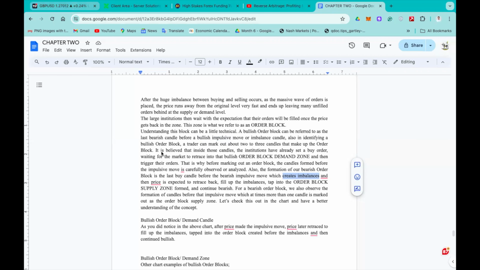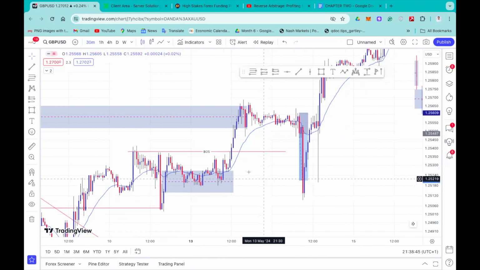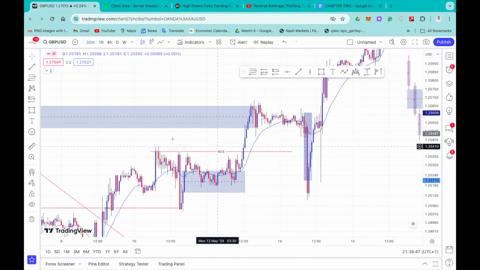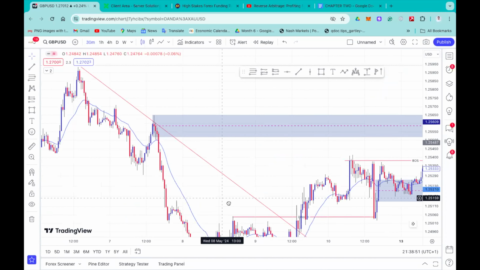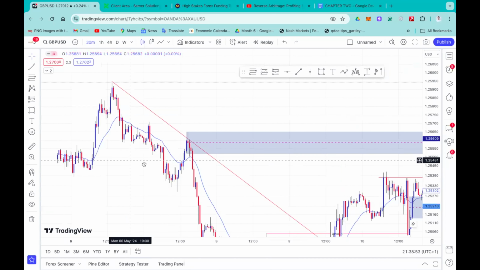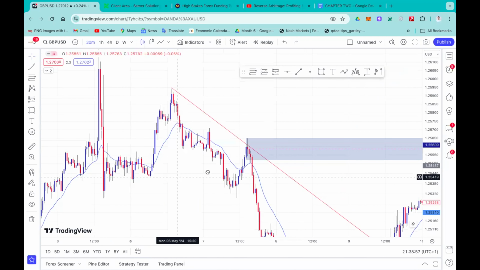So that is what price must create, that gap, giving us confirmation that it is a valid demand or supply zone.